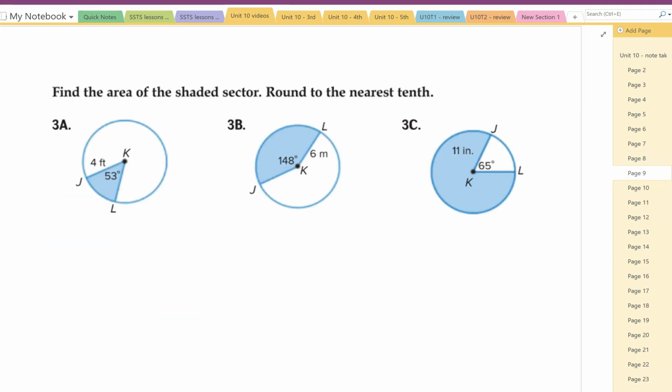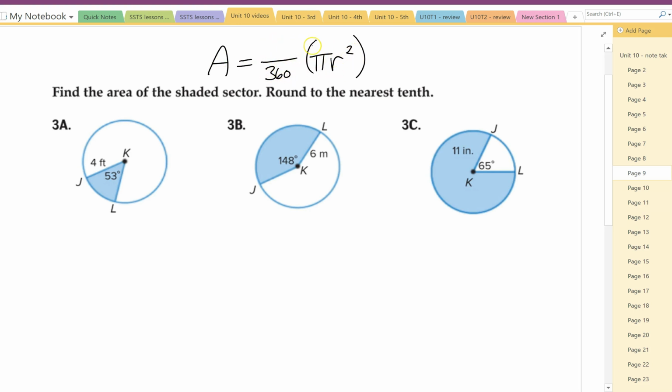I think this will make more sense when I do some examples here. What I'm going to write up at the top is just the general formula that I'm going to use to figure out the area of a sector of a circle. That's what these blue pieces are. They're sectors of a circle, or parts of a circle. So it's going to be area equals pi r squared, but we're going to put this fraction in front of it.